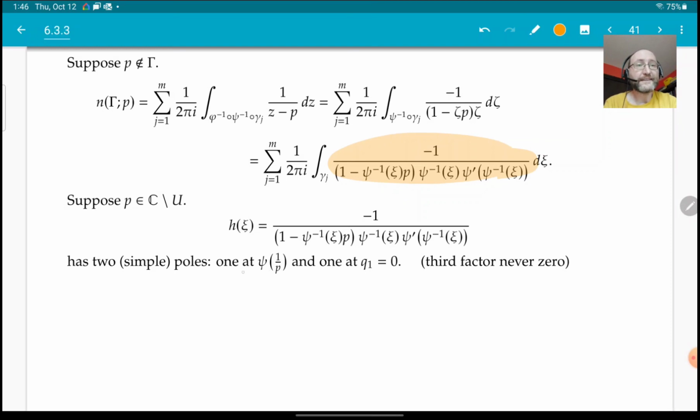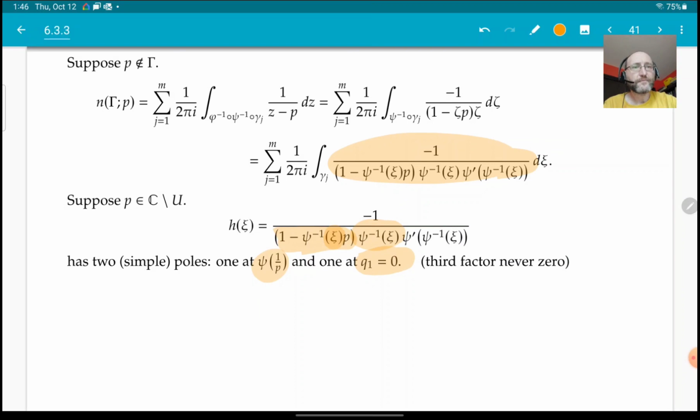One is at C1 over P, because if I plug that in here, I get 1 over P, so that kills this term. And C is a biholomorphism, so this is definitely a simple pole. Another one is at Q equals 0, because that's where this guy is 0.